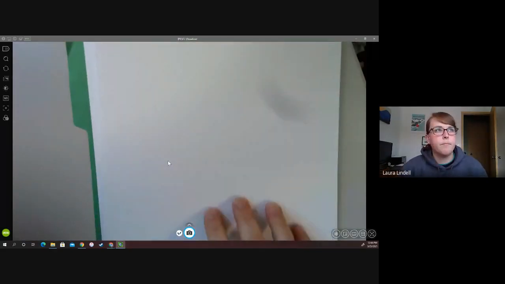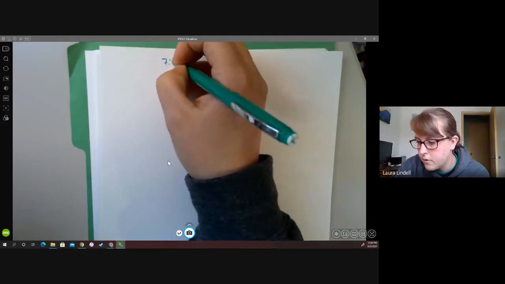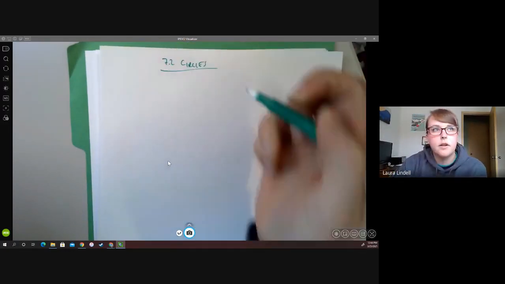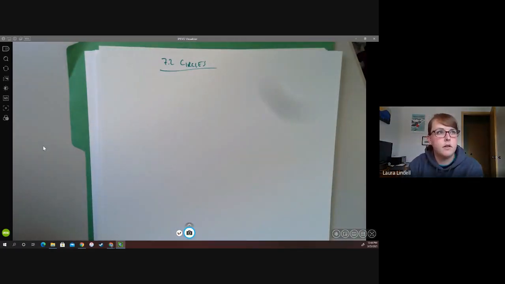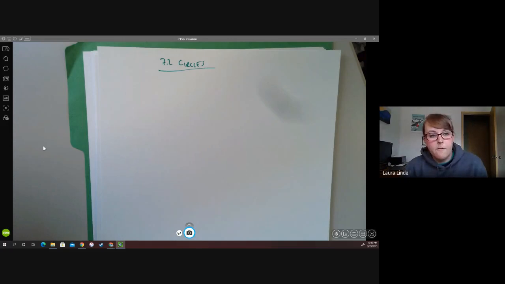So we're going to ease our way in. And here we go. So 7.2 circles. Okay, so just like we had the standard form or the P form for the equation of a parabola, circles also have a standard form to their equation.